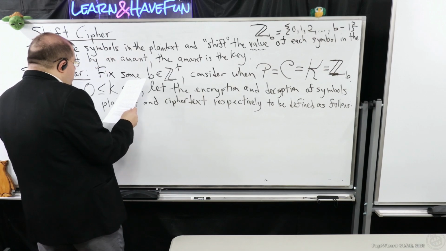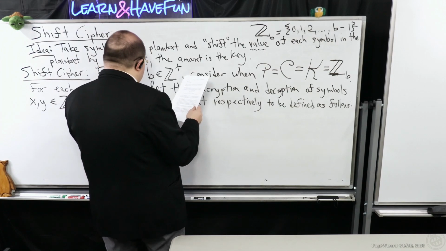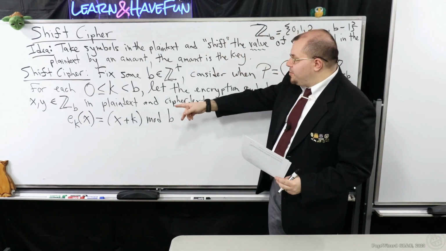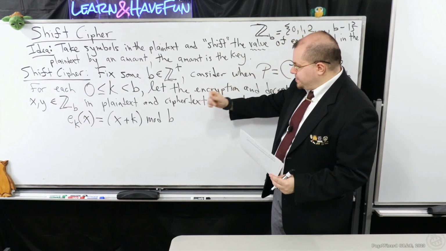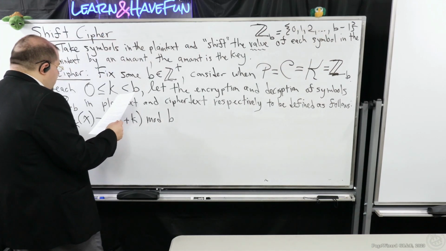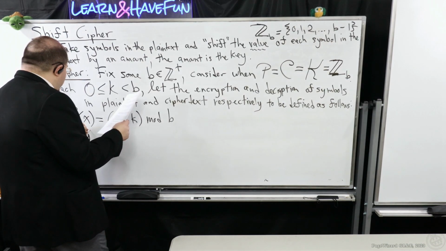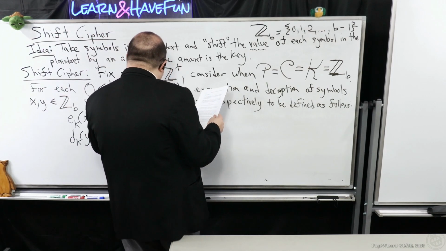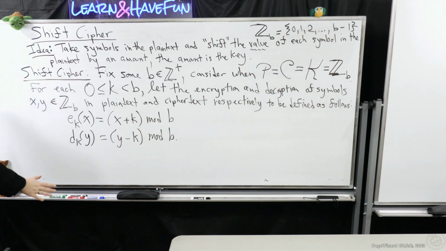So E_K of X is going to be X plus K modulo B. I'm going to take whatever the numeric representation of that symbol is, add K to it, that's the key, and reduce modulo B. And decryption will be done on a symbol Y, where I simply subtract off the key value, modulo B. So this is how I'm going to define the shift cipher for you.